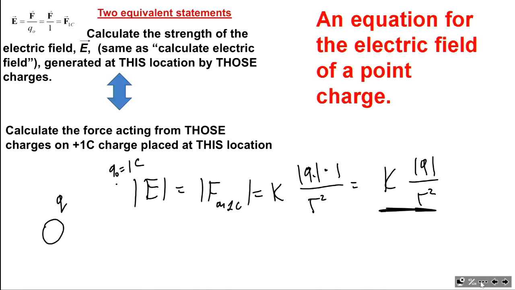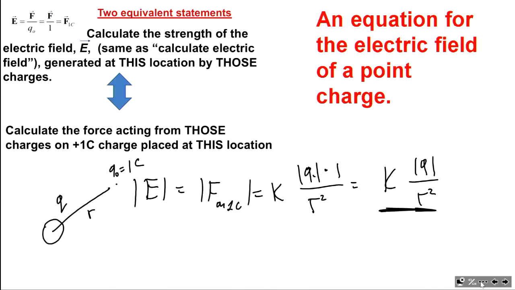So this expression tells us how to calculate the magnitude of electric field strength generated by any single charge. That's it. That is why this expression has a name: the electric field strength of a point charge.